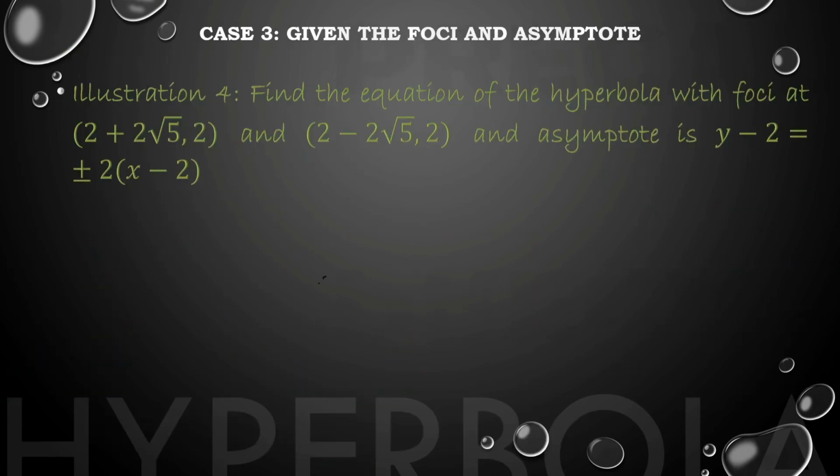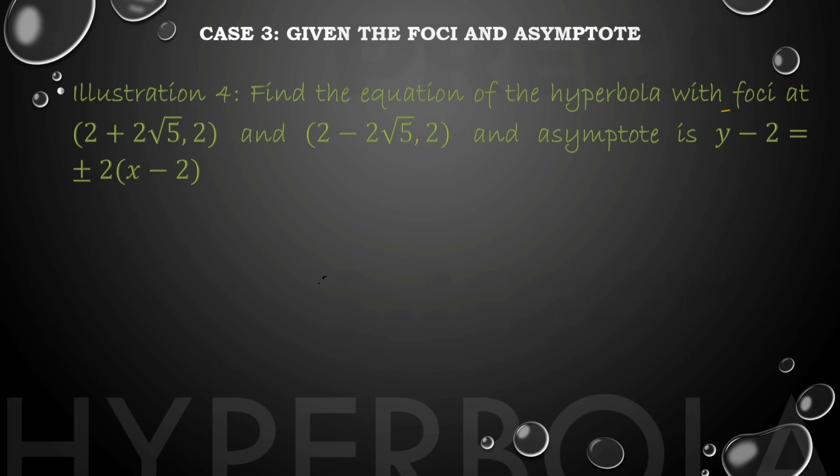So, for case number 3, given the foci and asymptote, una natin gagawin is to find the center. Pwede nating gamitin yung distance formula using the coordinates of foci or the vertices.